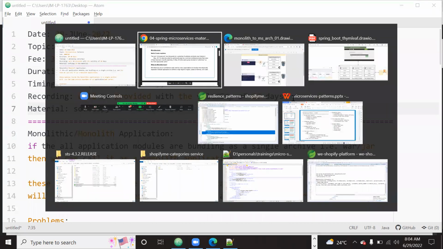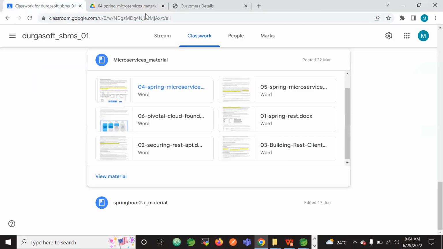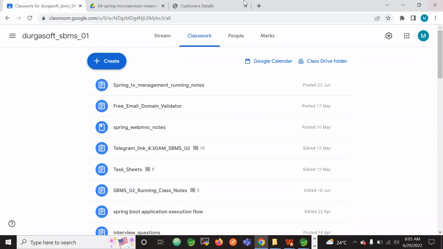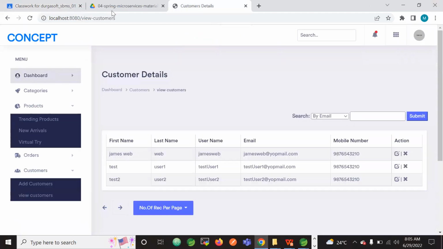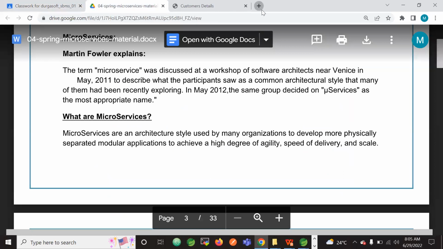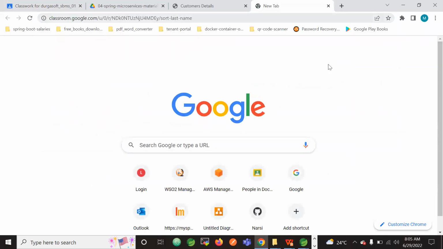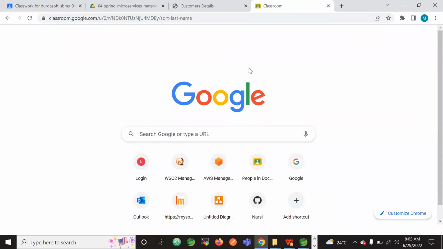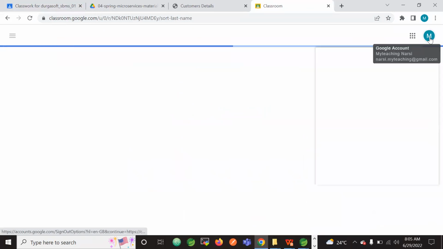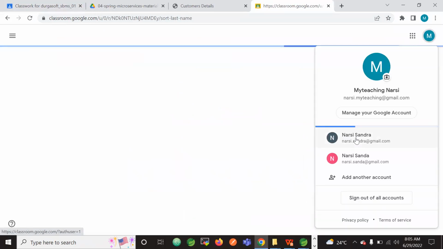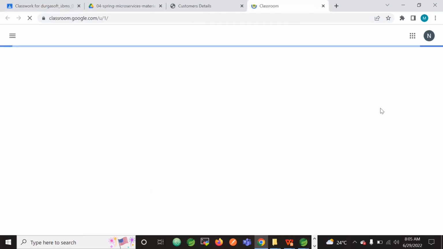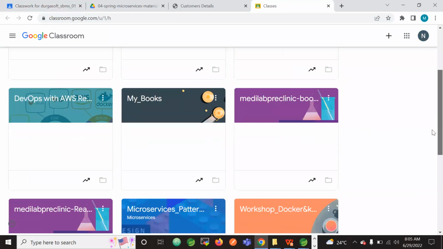A soft copy of the material means, if you can see this, microservices patterns, I might have shown you, right? Let me open the classroom. In a moment, I will show you the material and how you will be able to get it. You will get the material using this Google Classroom. You will be added to this Google Classroom, and you can directly download and view the material.